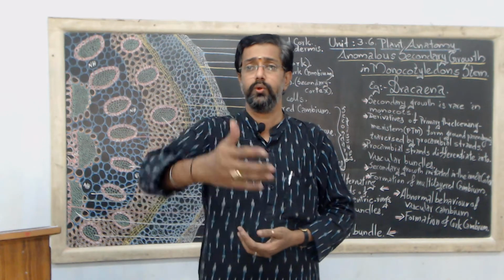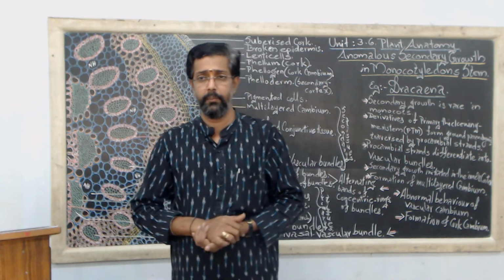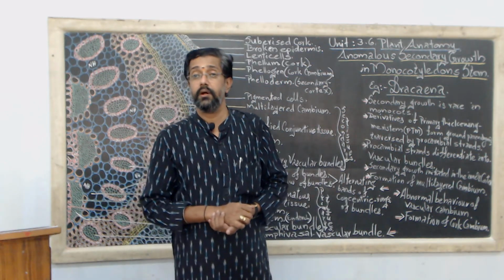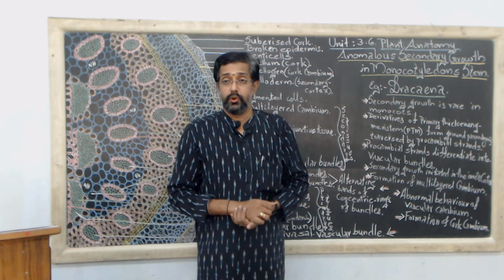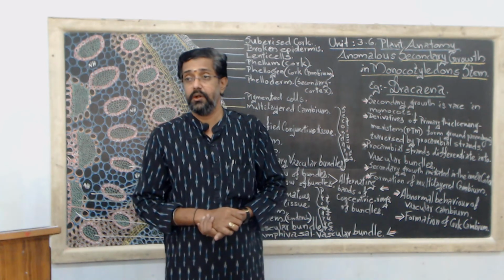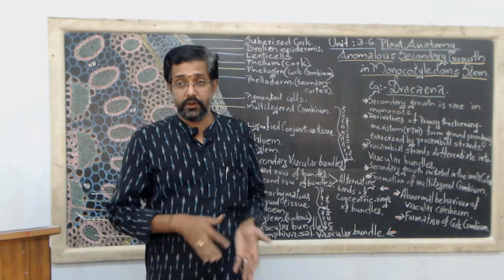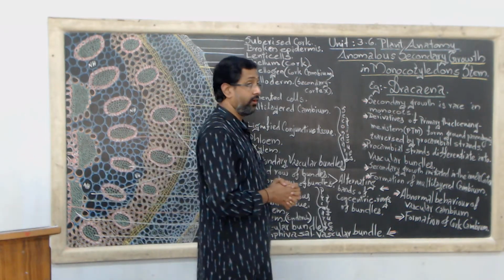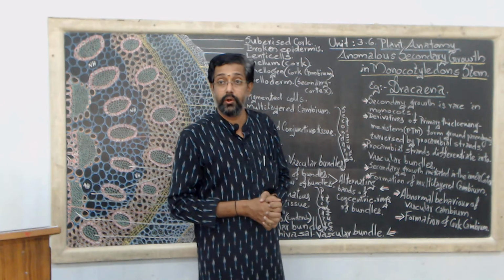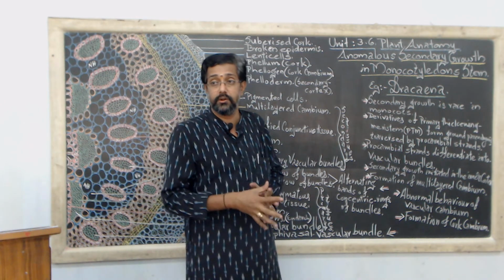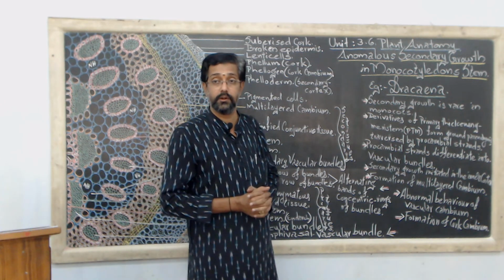Outer to these early formed or primary bundles is the ground tissue, with parenchymatous cells dispersed in the outer region, the cortical region, which shows the formation of such cambial cells.